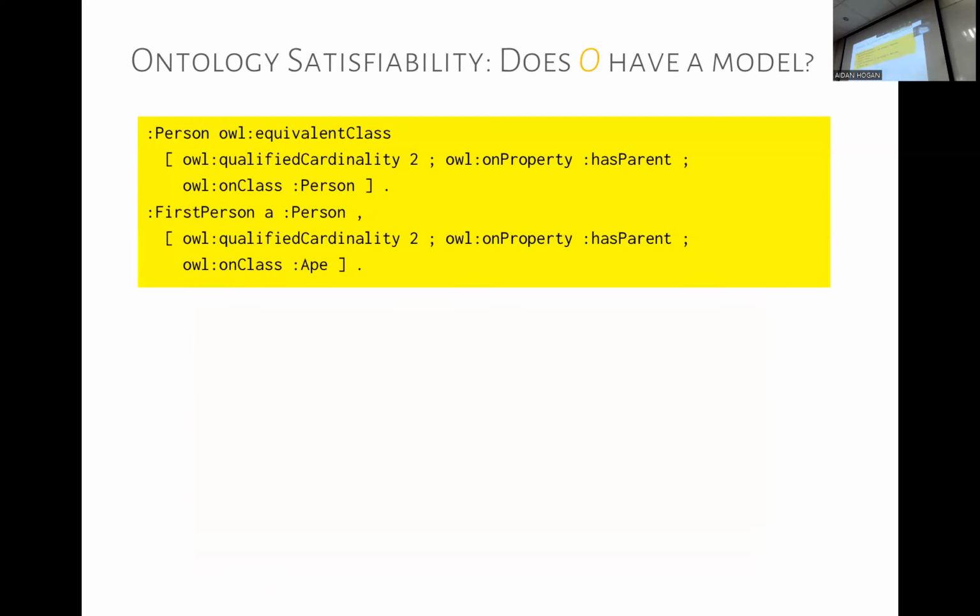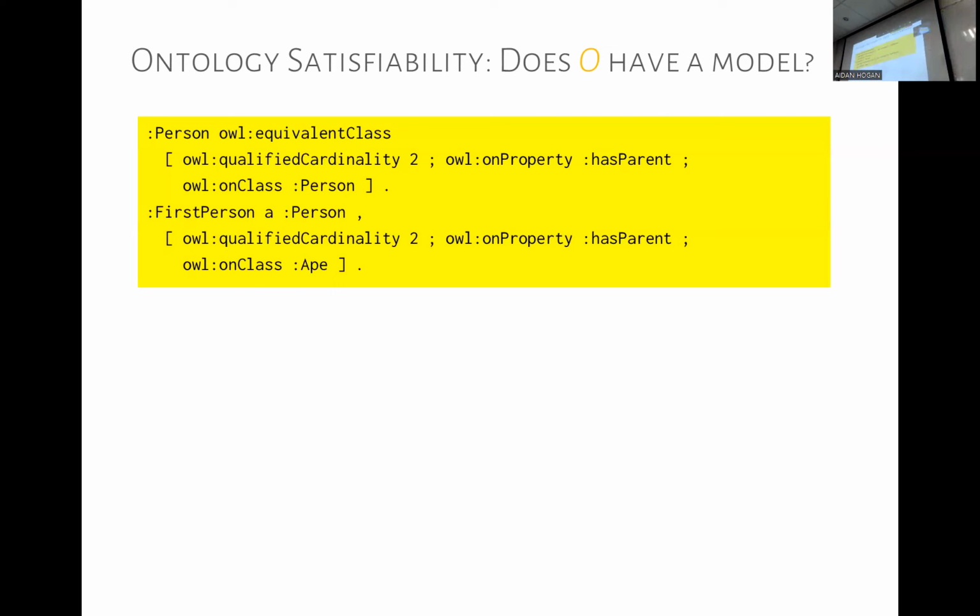So what we're going to do is describe a first person, the first human. We're going to say that this first human has qualified cardinality 2 on property hasParent on class Ape. Now, biologically speaking, we're going to have to take some liberties because humans are apes as well, kind of, and so forth.